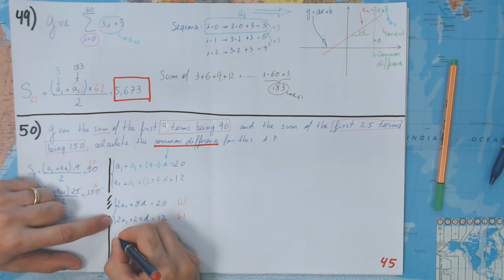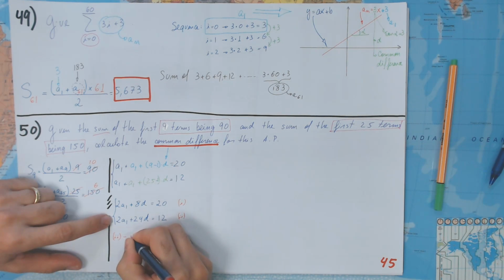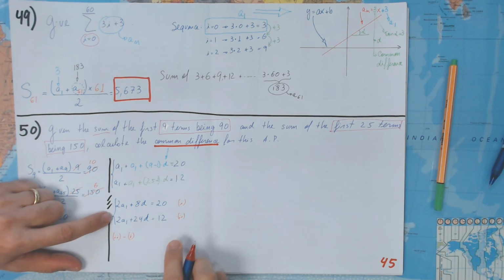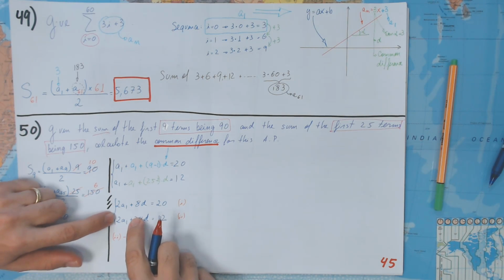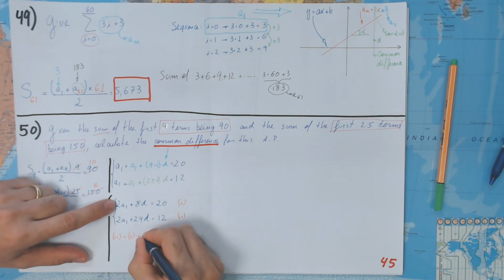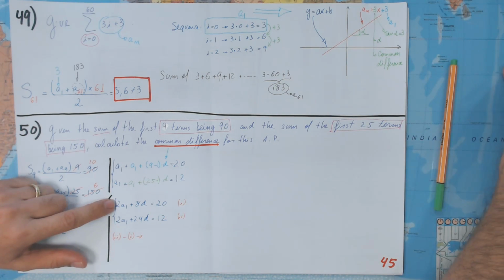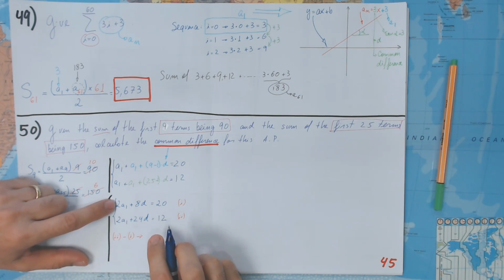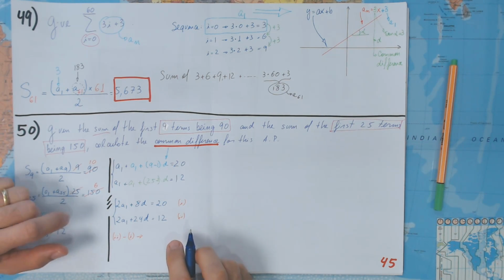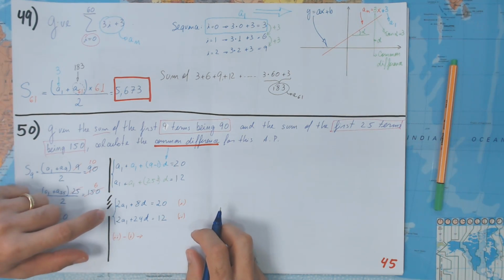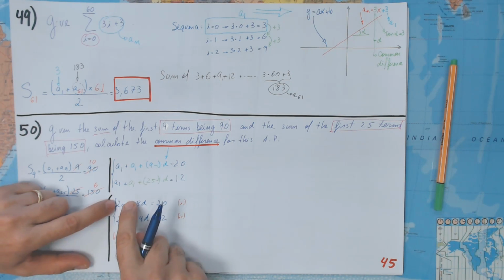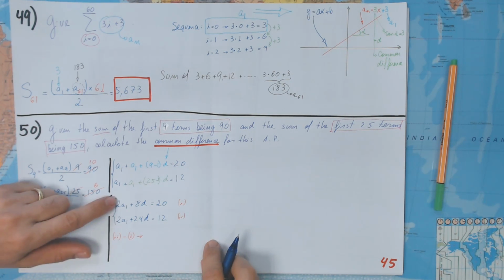I'm going to take the second equation and subtract from it the first one, like this one minus this one. I don't know if I have done addition or subtraction of equations, but we can do this. When you are solving a system, the idea here is to get rid of the 2a1, because when I make this one minus this one, we are going to kill 2a1.